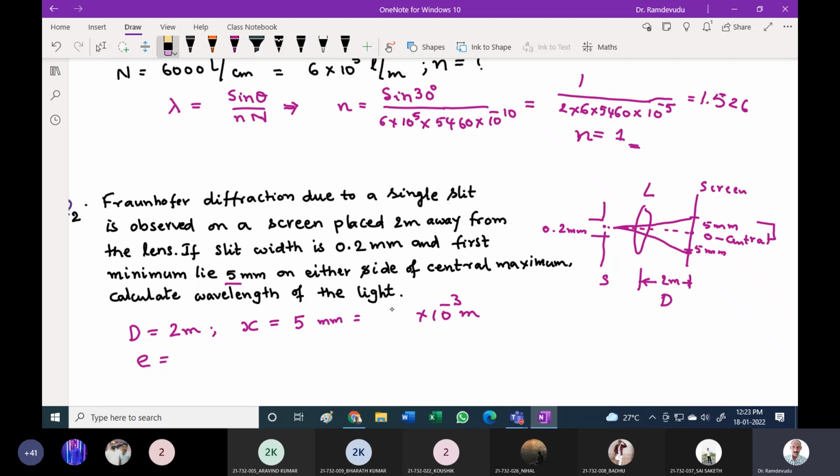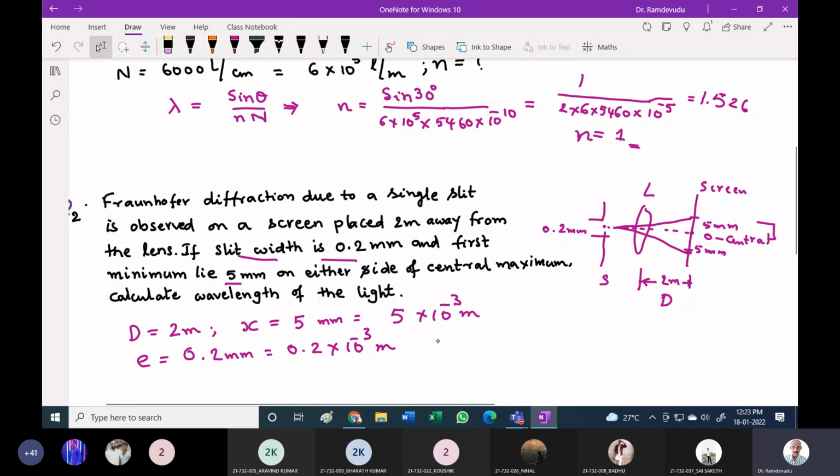The slit width they have given as 0.2 mm, which I write as 0.2 into 10 to the power minus 3 meters. Everything is in SI units.